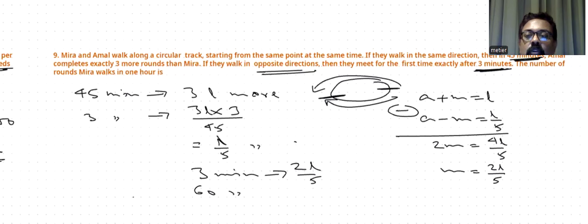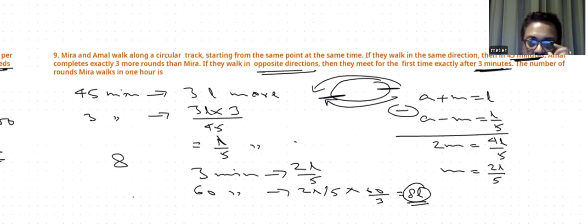So it will be 2L by 5 into 60 by 3, which comes to 8L. So in 60 minutes, Mira will cover 8 lap lengths. Your answer will be 8. Go through the video's timing again, it will help you get the answer.